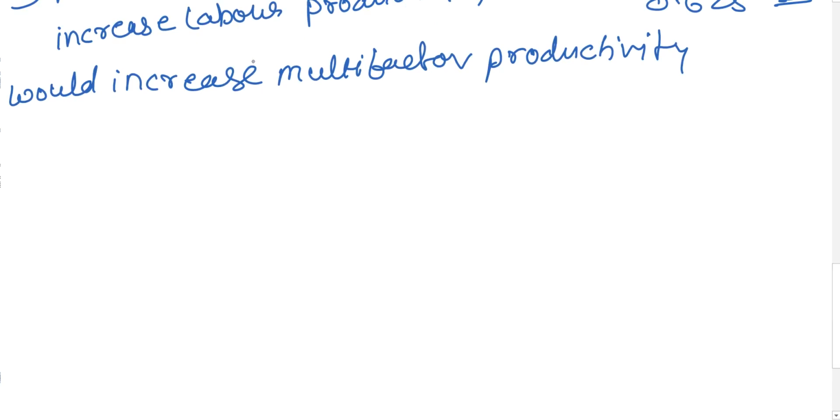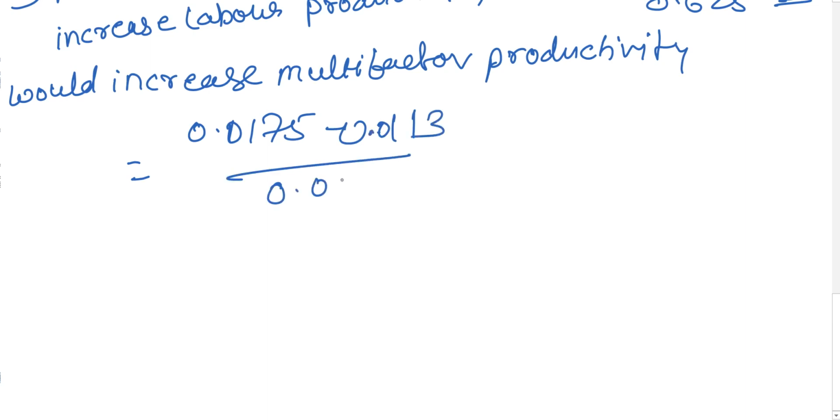So here we can see the previous one, the new one is 0.0175 multi-factor as we calculated. The old one is 0.0113, divided by 0.0113, then it is approximately 55%.